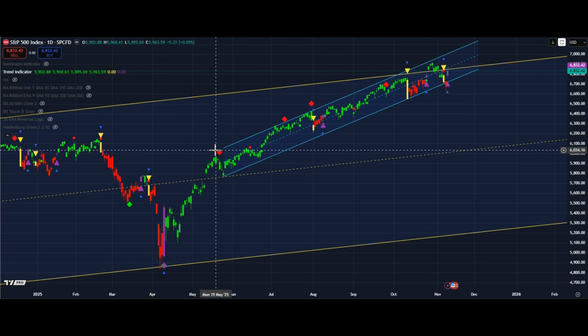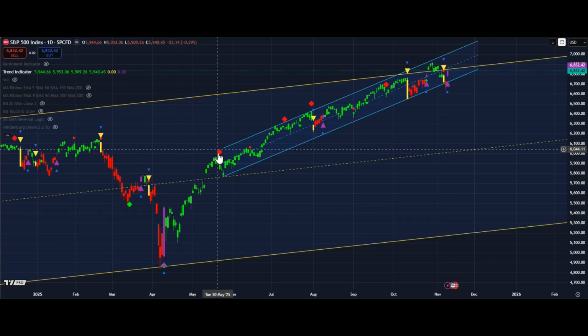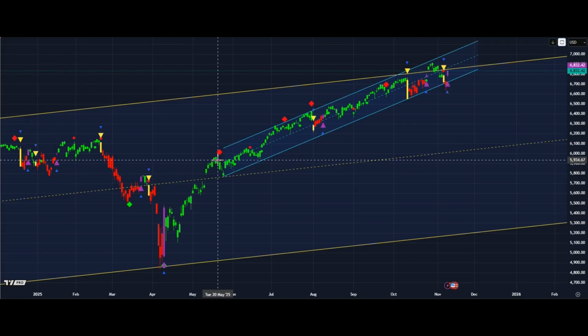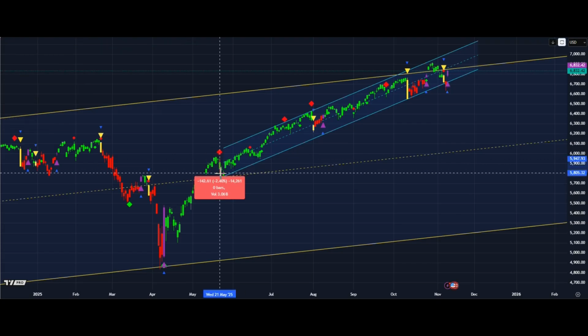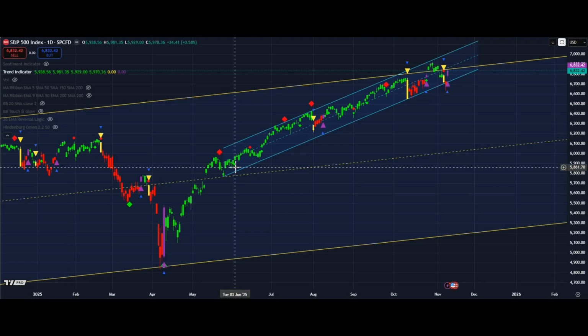Then you've got a reason here to get out, and it's a big diamond, so it's considered a strong sell. And if you got out there, you would have not weathered this loss, which was, what are we talking there? 3% loss.